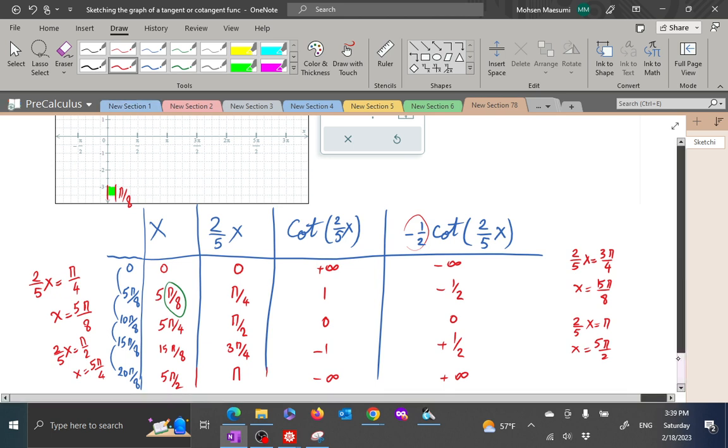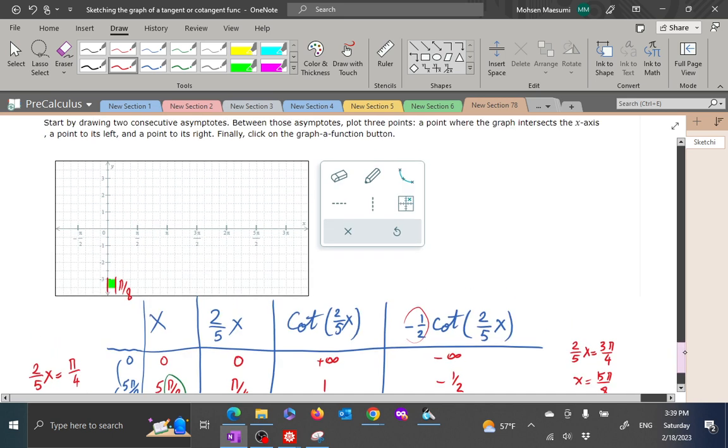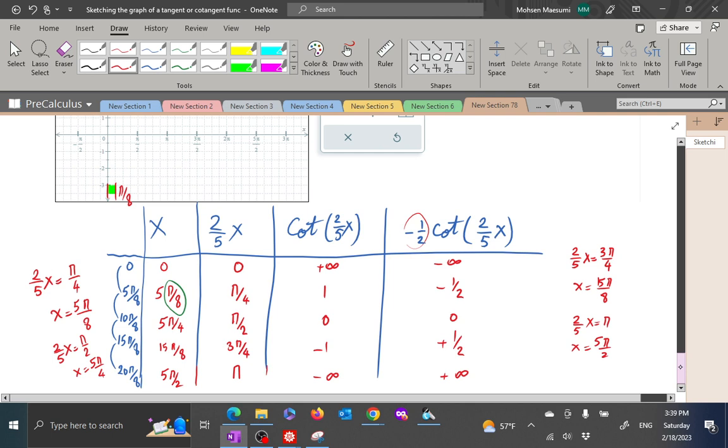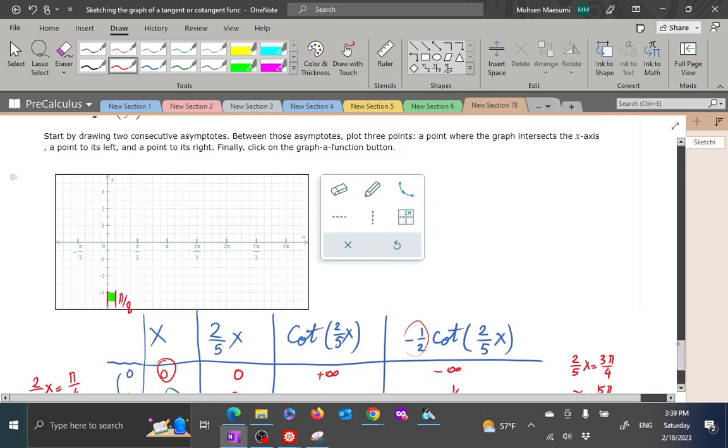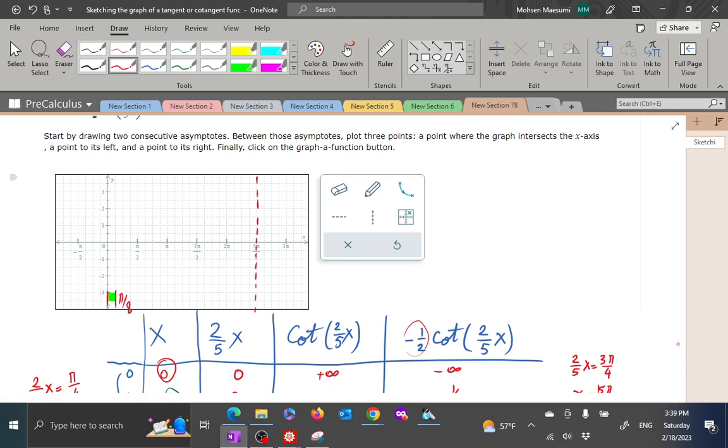So we are going from 0 to 5 pi over 2. We draw one asymptote here, 0 to 5 pi over 2.